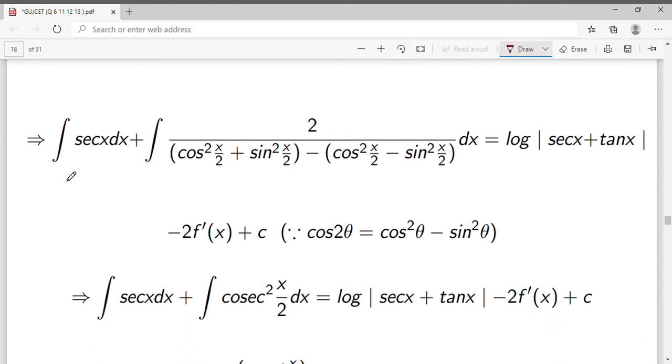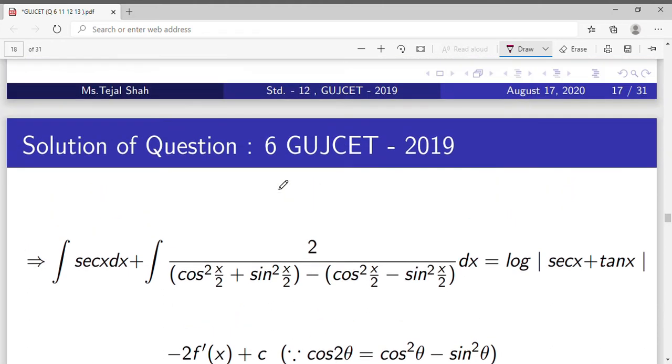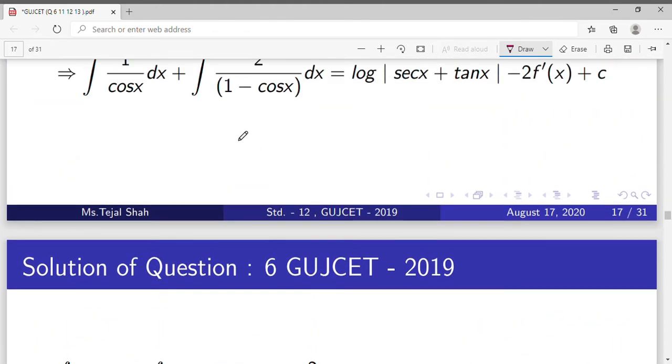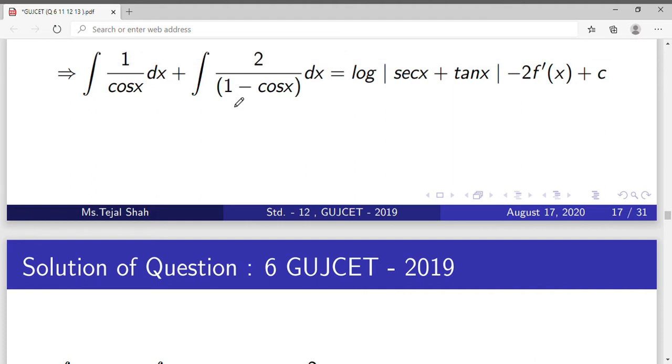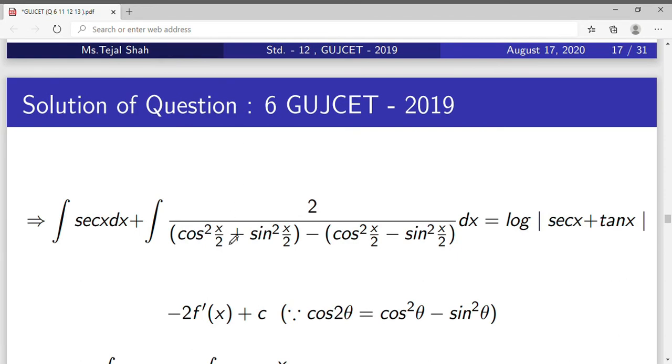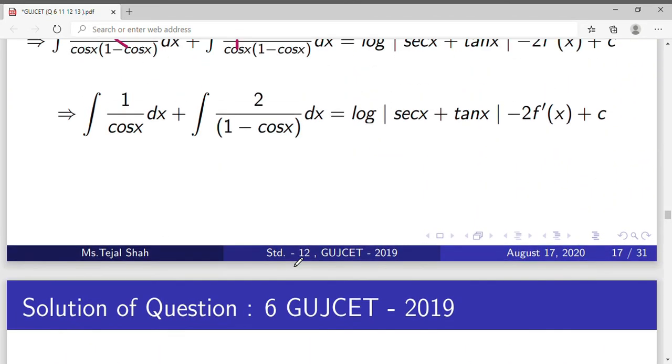After this, 1 upon cos x is sec x, and here we have this formula. 1 is given, so we can write 1, we know that sin square theta plus cos square theta is equal to 1. So that's why 1 is replaced as cos square x by 2 plus sin square x by 2, and here we have cos x.